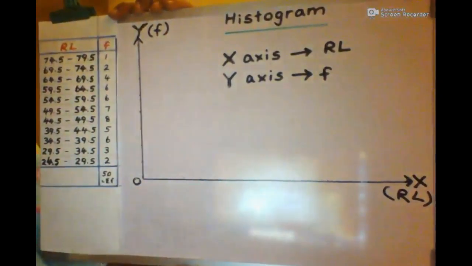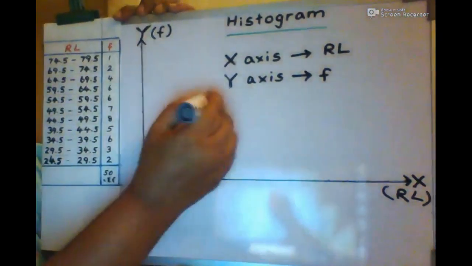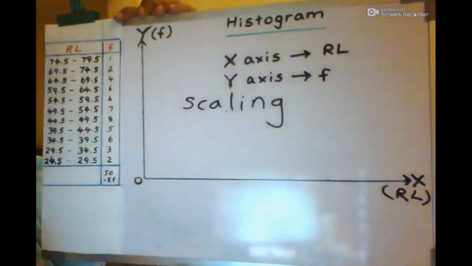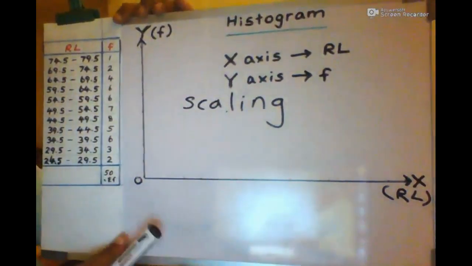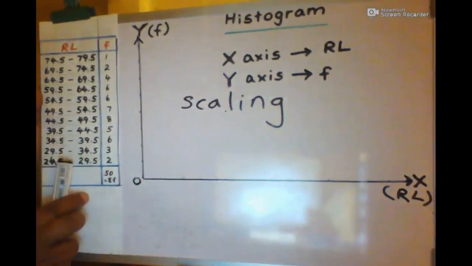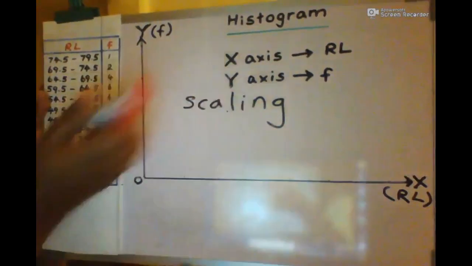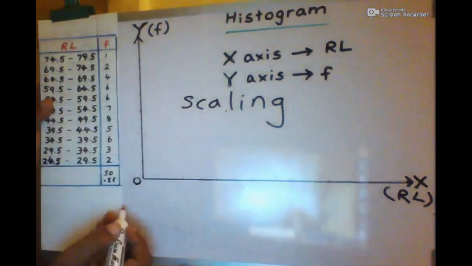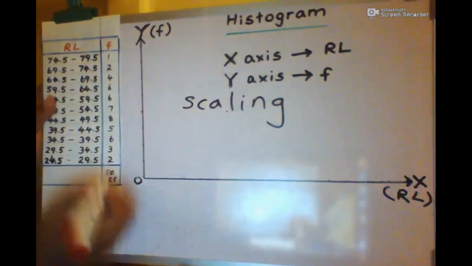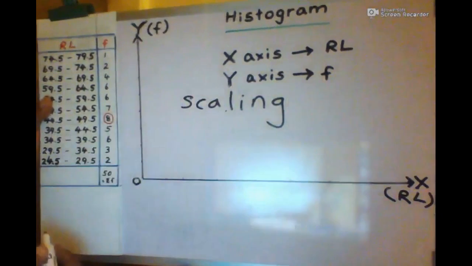Now we have to scale the axis. For that, go to the table. If we are going to scale the y-axis first, find the highest value. What's the highest value here? 8 students. And find the lowest value.